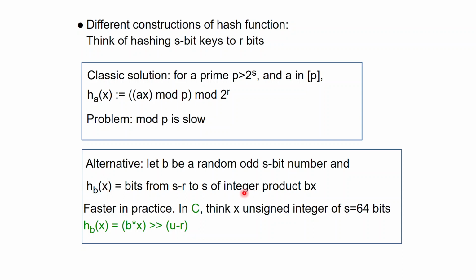You just compute the integer product bx, and then you look at the binary representation of the product and you output the bits from s minus r to s. So you just output r bits in the middle of this product.